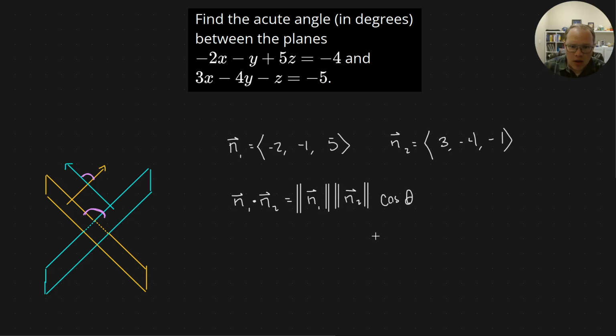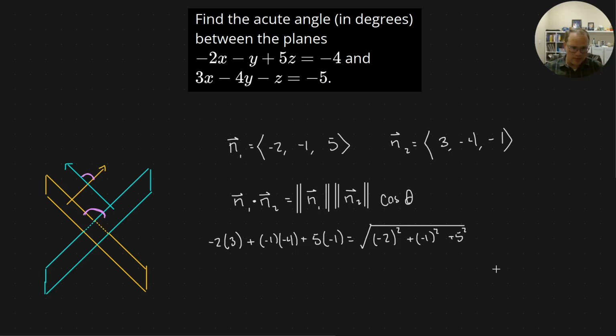Okay, so let's find the dot product first. So multiply corresponding components. So first component times first component plus second component times second component plus third component times third component on the left side. On the right side, I want the norms, so let's calculate those. So I get first component squared plus second component squared plus third component squared, so that's my first normal vector.